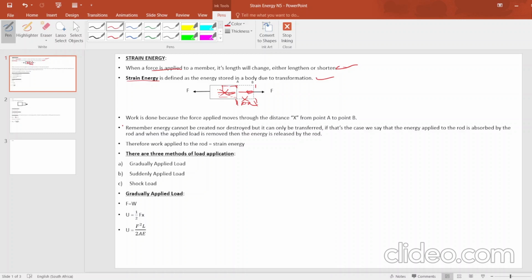The energy will be stored, as I've explained, due to transformation. When you remove the force, the energy is released in the rod, meaning this material can go back to its shape and size. This strain energy occurs within Hooke's law, whereby the limit of proportionality is not exceeded.